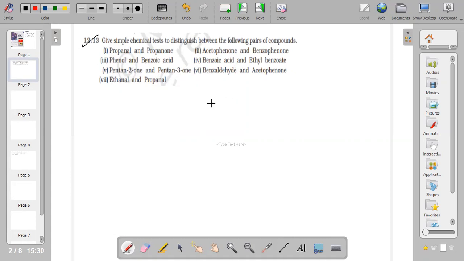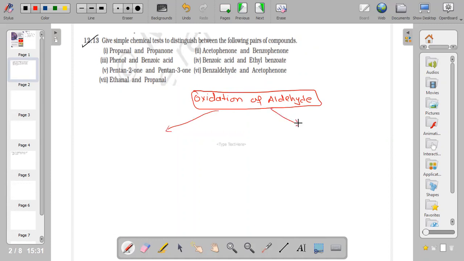Whenever we discuss the oxidation reaction of aldehyde and ketone, generally for the oxidation of aldehyde, two reactions come to your mind: one is the Tollens test and the second is the Fehling test. Students know how to write the reactions, but they don't know the actual reagent, or how to write it in the examination.